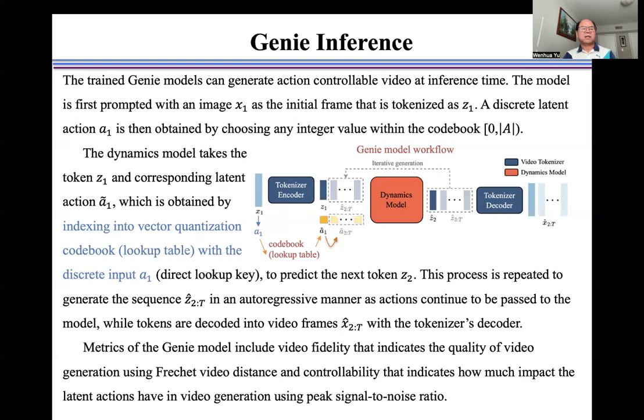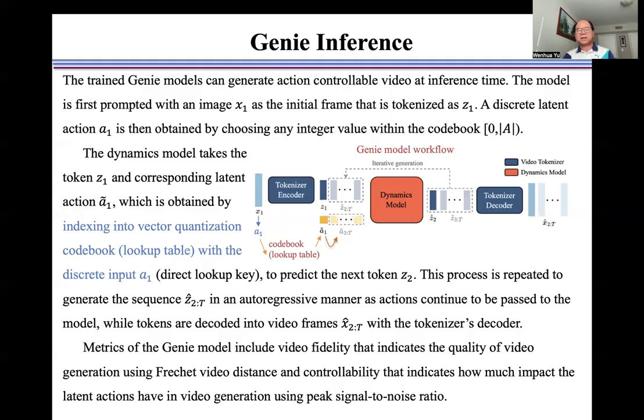The dynamics model takes the token z1 and the corresponding latent action a1 tilde, which is obtained by indexing into a vector quantization codebook with the discrete input a1, to predict the next token z2.